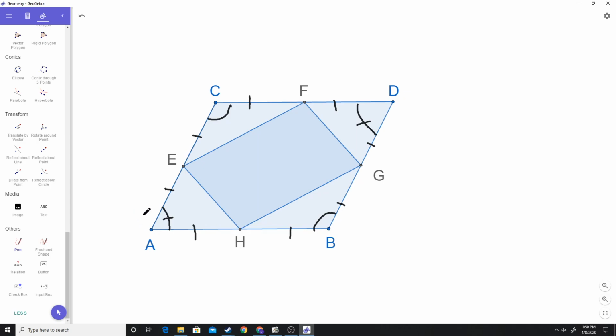Now, what do we have left? Well, we notice all these triangles we have formed on the edges, AHE, CEF, DFG, and BGH. They are all isosceles triangles. So, what do we know about isosceles triangles? Well, we know their base angles are the same.